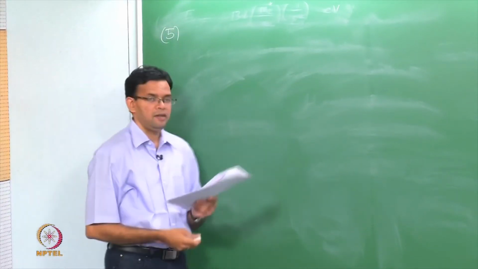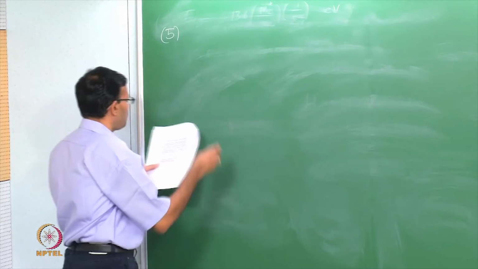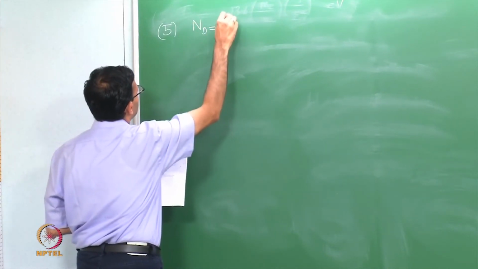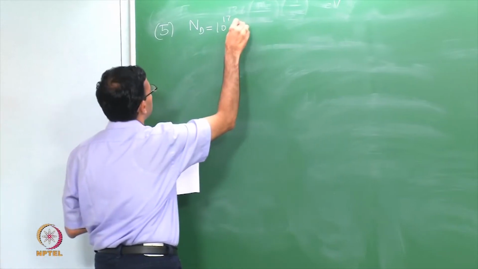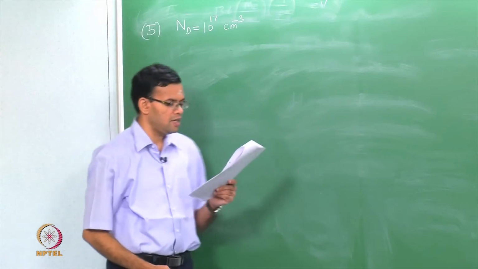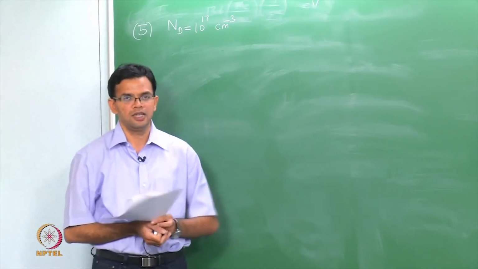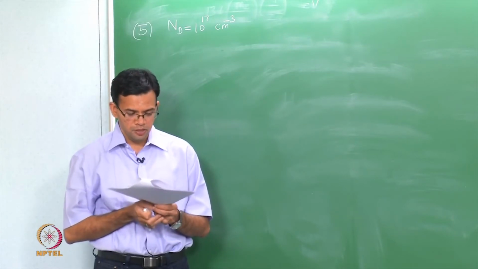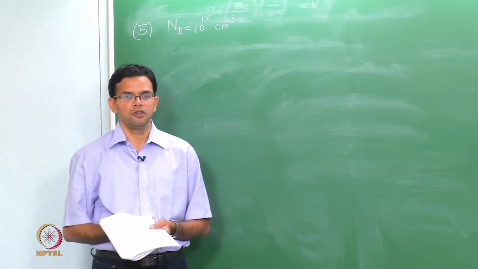So, we have an N type silicon which is doped with phosphorus atoms. So, Nd is 10 to the 17 per centimeter cube. The drift mobilities of electrons and holes in silicon depend upon the total concentration of the dopant, and the expression is also given.